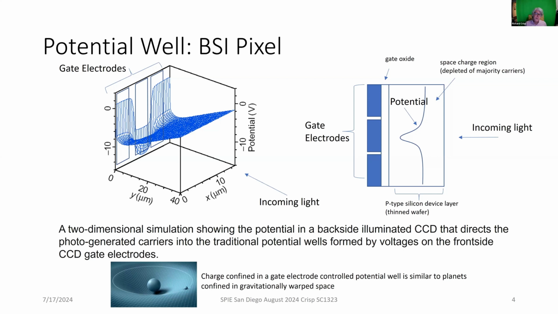We're not showing the Z dimension, so don't think of the potential as a Z dimension. I've also tried to represent the gate electrodes, essentially the same as what we have on the right-hand side, but now in an isometric view. You can see there's a little pocket that the electrons fall into, and as we vary the voltage on the gate electrodes, we'll move that pocket around.